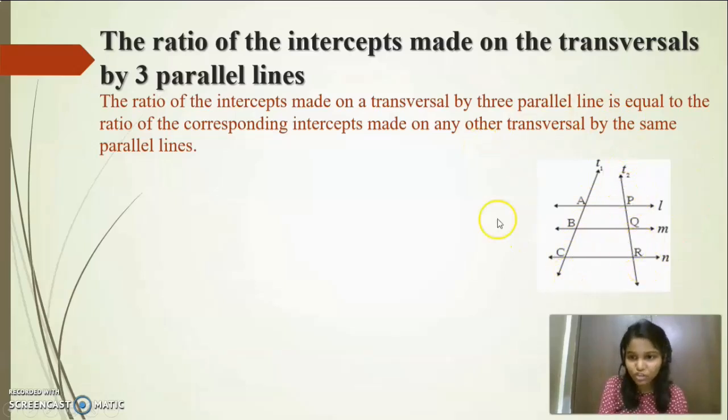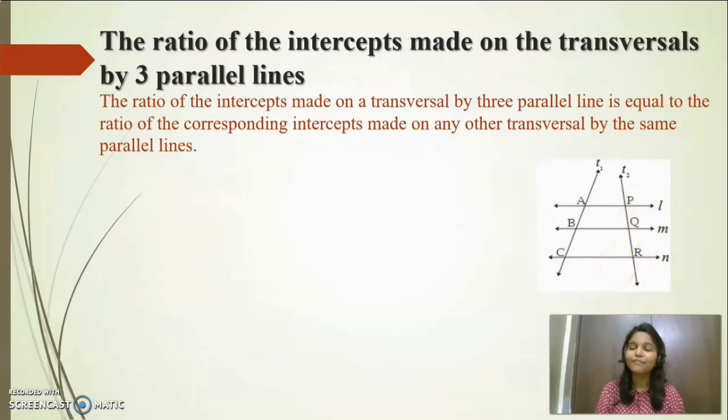Whenever you have such a figure, what does this theorem say? It says that the ratio of the corresponding intercepts made on the other transversal by the same parallel lines are equal. If I consider only one transversal, the ratio will be AB upon BC. And if I consider this transversal, the ratio is PQ upon QR.